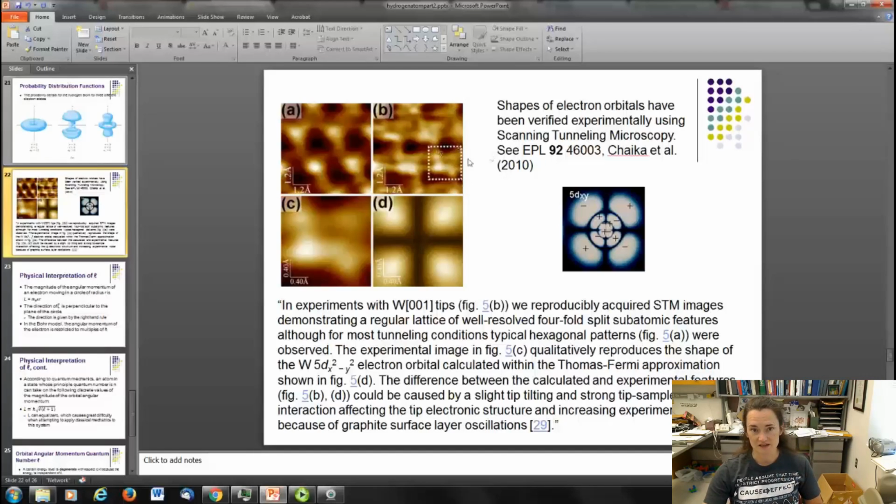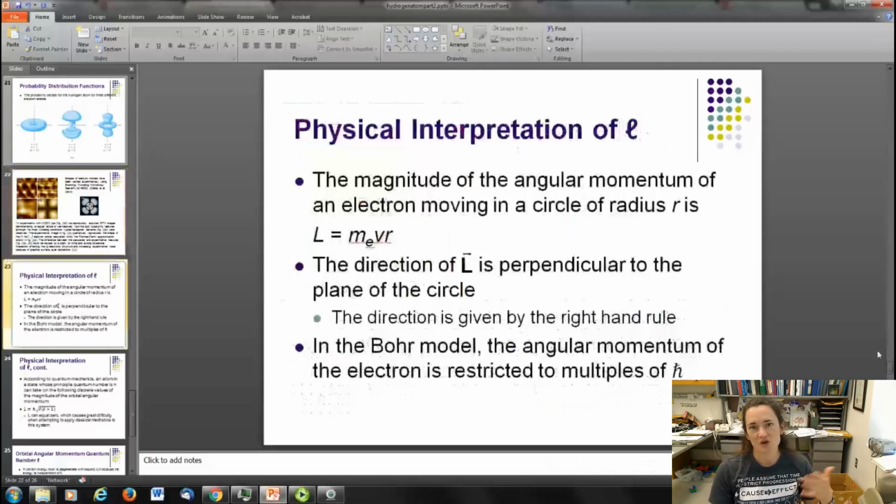And you can see that they're showing very clearly what the orbitals look like, and the theory matches the experiment very well. Just to prove to you, if it can't be proved in an experiment, it's not physics, and we've definitely proved that the electron orbitals look the way that they look. It's really neat.